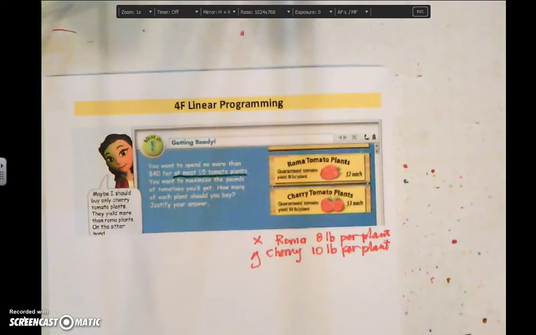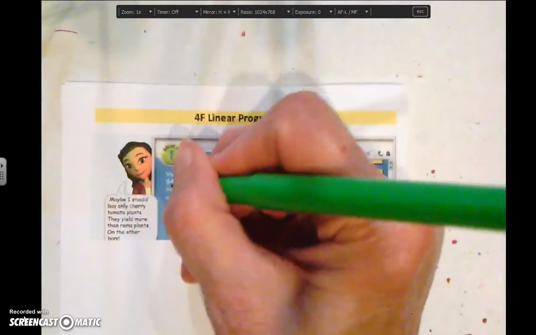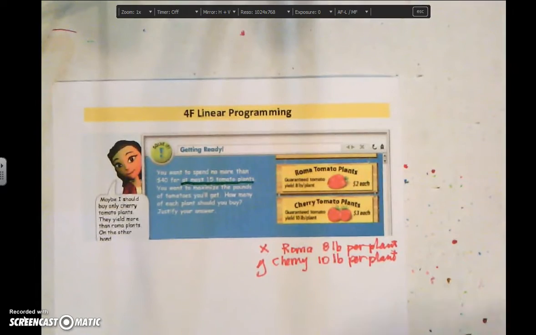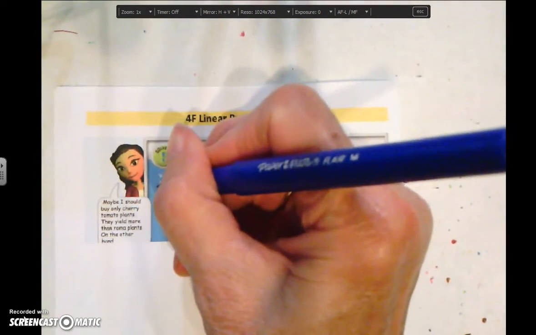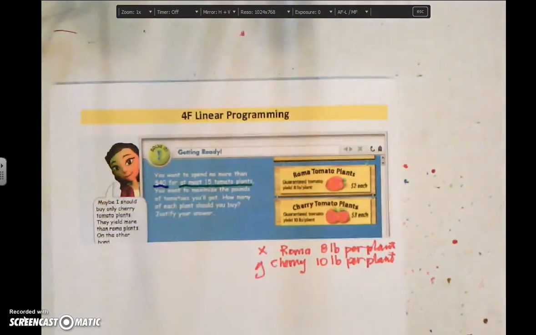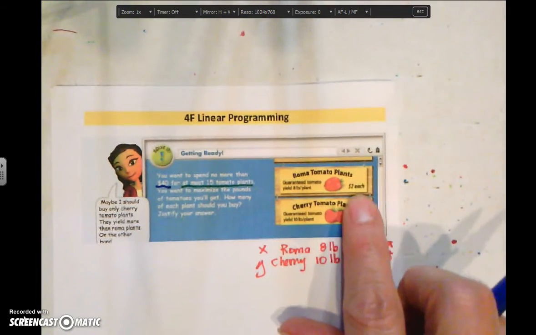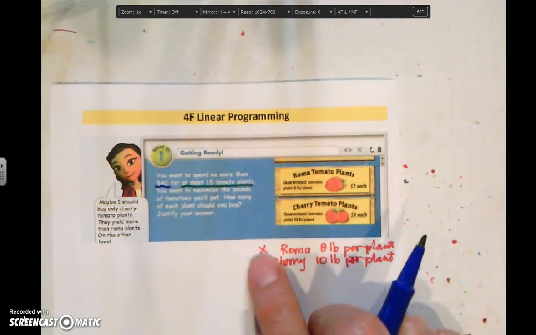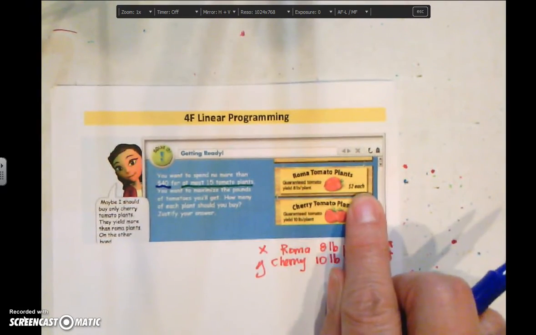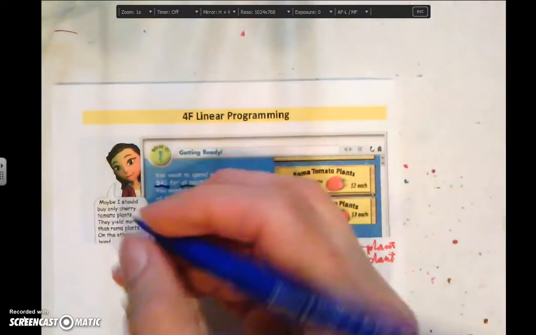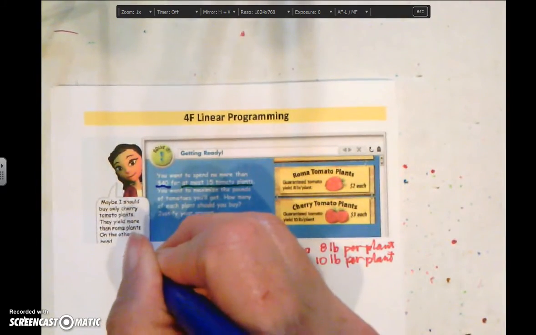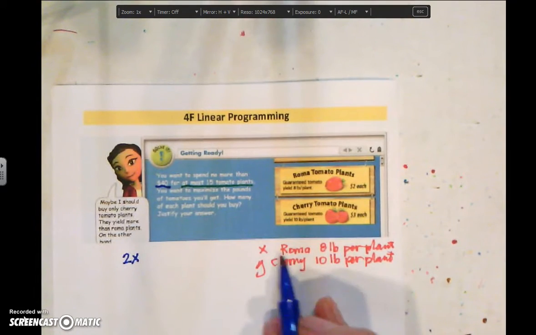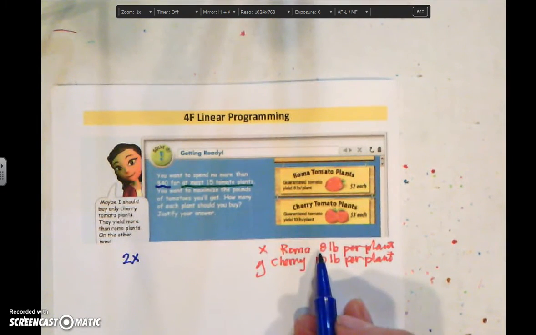Then the other thing that we need to do is talk in terms of money. And maybe I can do this in a different color. So here you can see the money. At most we have $40 to spend. So we've got to take into account the cost of each one of them. Each of the Roma plants, which is X, costs $2 each. So 2 times X tells me how much money I'm going to spend on Roma plants.